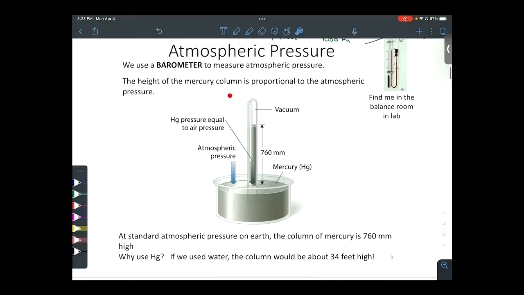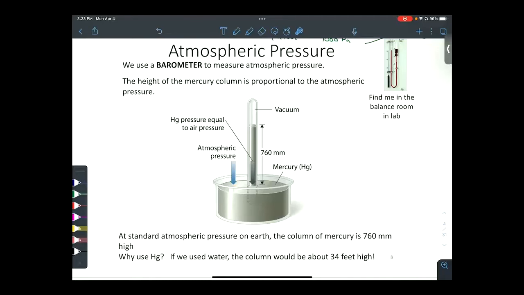So when we put this device outside, our atmospheric pressure pushes down on this pool of mercury, and since there's no force on the inside of the tube, it will push mercury up inside the tube. The pressure of our Earth will push that column of mercury up.